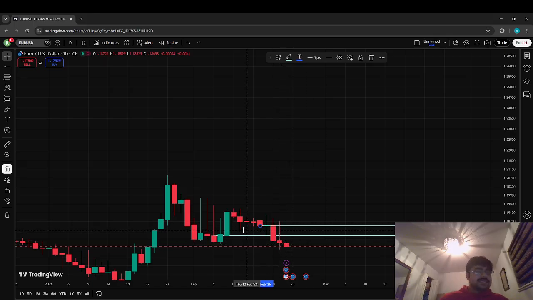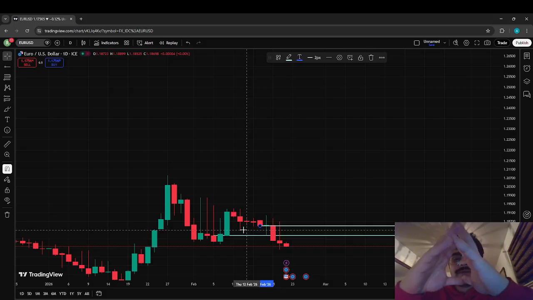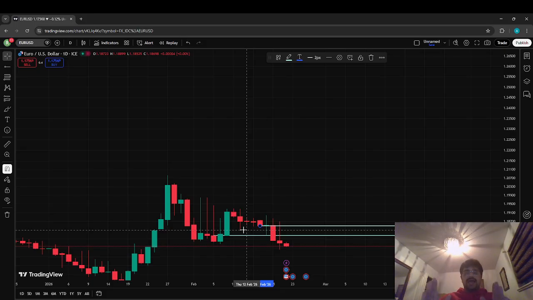Now, this is literally the most kindergarten way I can explain break of structure. You have a candlestick. If it's a green candle, you have to wait until it closes below the green candle with a red candle. And if you have a red candle, you have to wait for the green candle to close above the red candle.